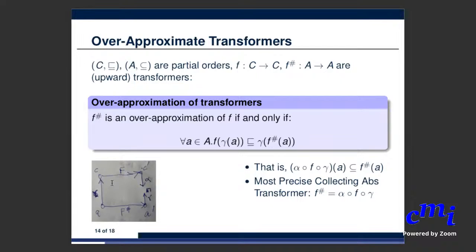So the tighter that you define your abstract transform such that it is as close to this, the more precise propagation that you get in your abstract domain, the tighter interval that you get. That's what this is saying. But this should never be the opposite, okay?